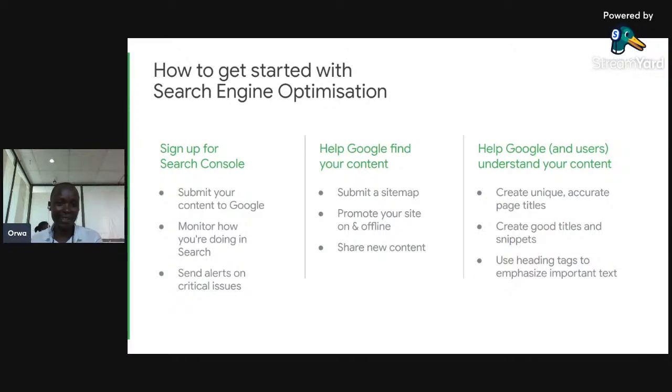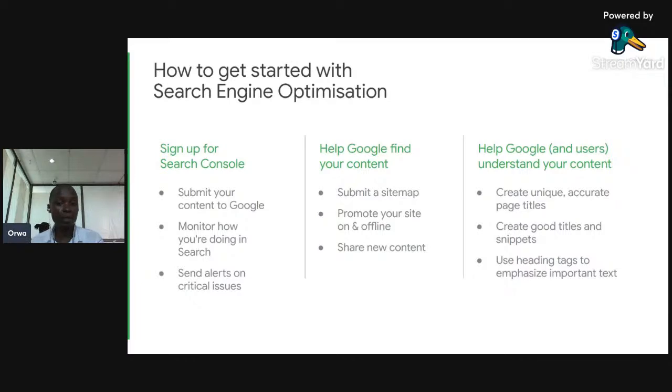Wonderful. Another thing you can do with search engine optimization to help Google find your content is submit your sitemap. When we say sitemap, it's just the structure of your website, how your content is laid out on the website. There are single page websites: the about us is there, our products and services, and then our contact. Other websites have several pages with drop downs.